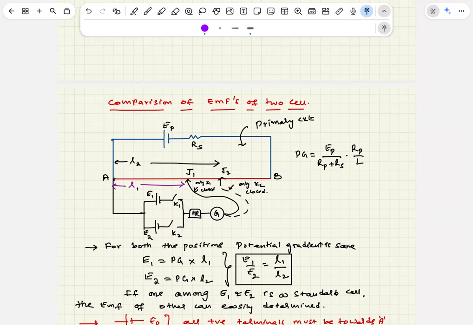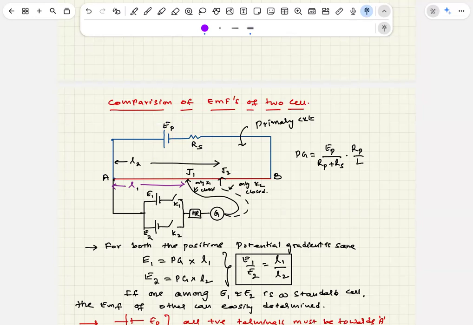Okay. Now I am placing E1. Then correspondingly some balancing length L1 I will get. I will place only E2. Correspondingly, L2 you will get. Whereas the potential gradient is common. Why? Because this arrangement you are not disturbing. This battery you are not disturbing. Because the potential gradient term contains what?